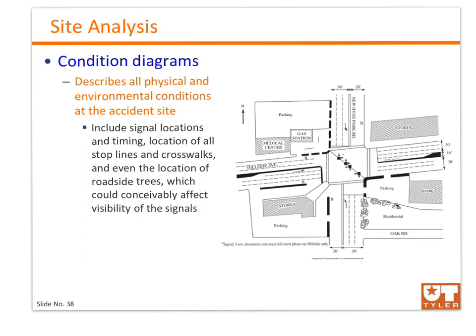If we look at the exact same intersection, but now I'm interested in describing all the physical and environmental conditions at the accident site. As you could see in this diagram here, we need to include, first of all, the signal locations, timings, locating all the stop lines and crosswalks, because maybe pedestrians have something to do with the accident rate at this location, and even the location of the roadside trees, which could sometimes affect the visibility of the signals.